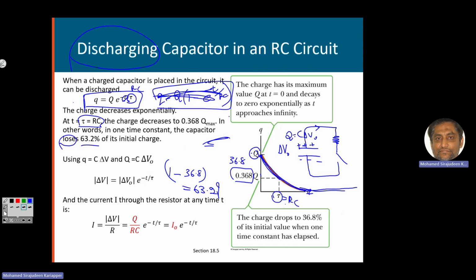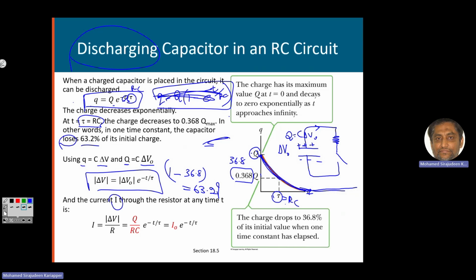We can substitute Q in terms of the delta V and the initial charge in terms of the delta V0. Then the C will cancel on both sides. Then you get this equation for the potential difference across the capacitor. So the potential difference also will decrease exponentially with time. And continuing, I can get an expression for the current as well.